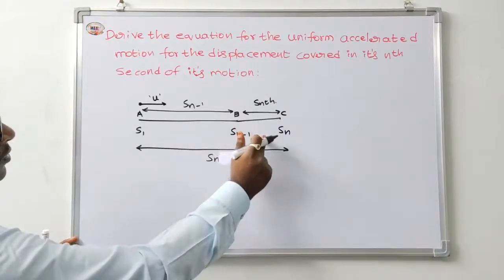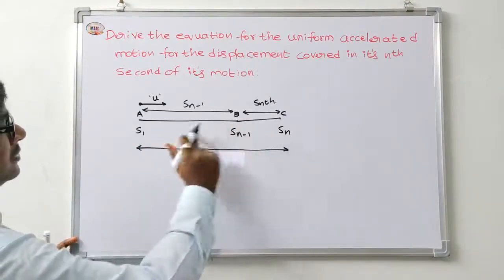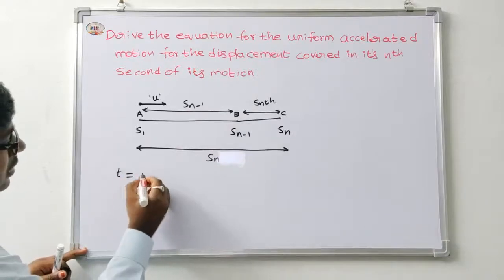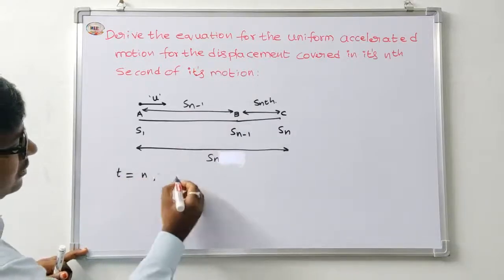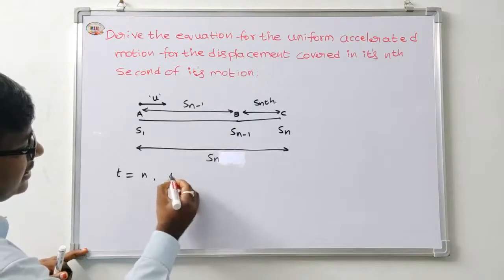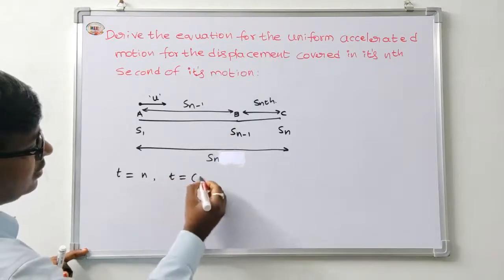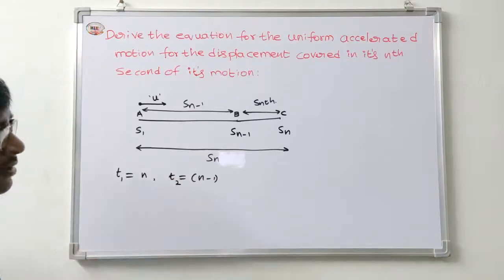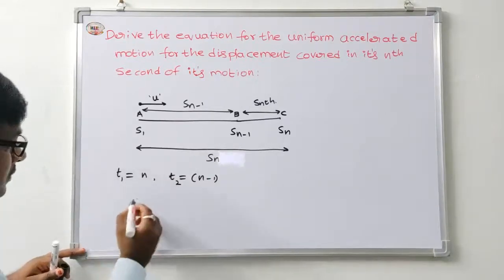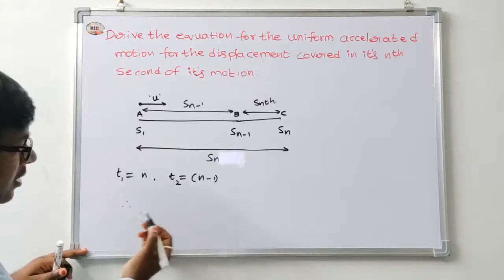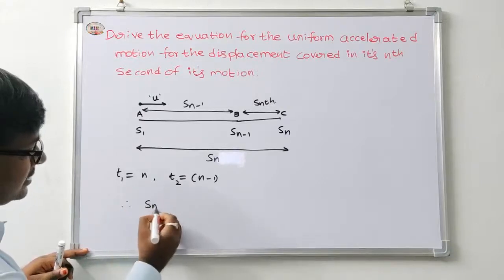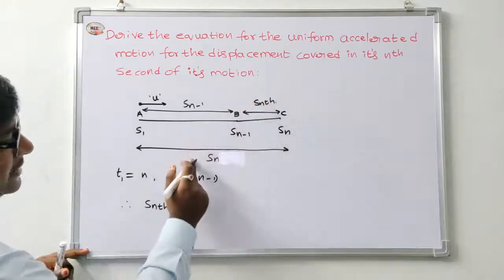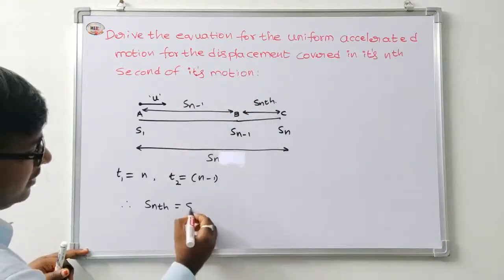There are two time variables. First case, t is equal to n seconds. Second case, t is equal to n minus 1. This is t1, this is t2. Therefore the distance traveled in the nth second, Snth, is equal to Sn minus Sn minus 1.